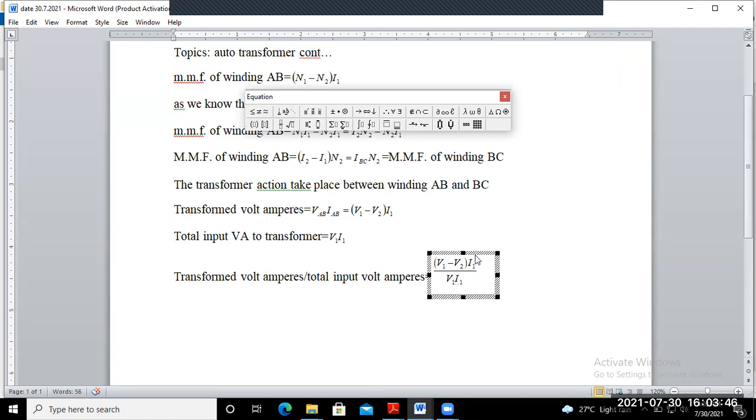This I1 from numerator and denominator is cancelled out. So V1 minus V2 divided by V1 is how much?